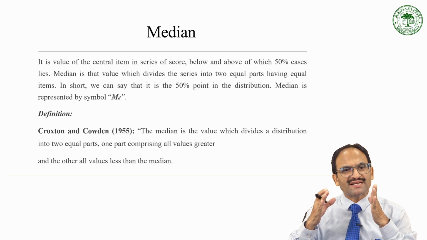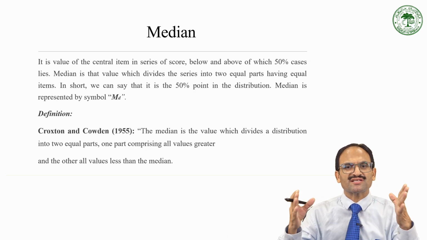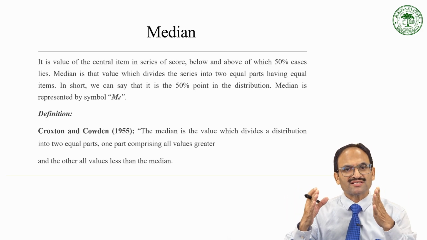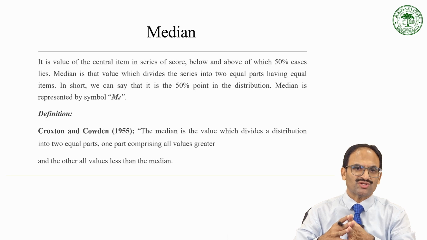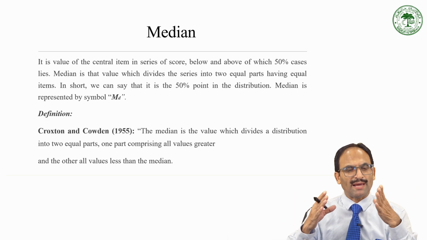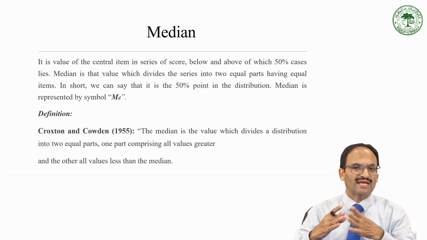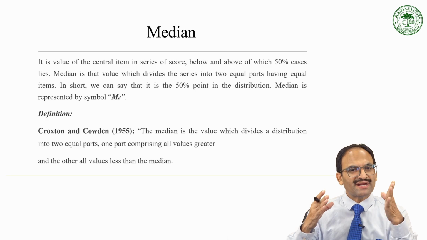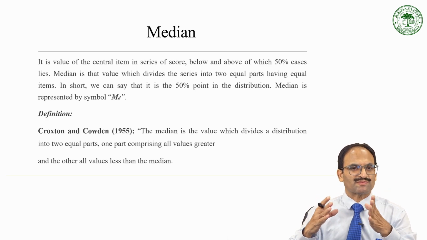In fact, median is that value which divides the series into two equal parts having equal items. In short, we can say that it is the 50% point in the distribution, and median is represented by the symbol capital M and small d. In the same way as mean is represented by capital M, median is represented by capital M and small d.